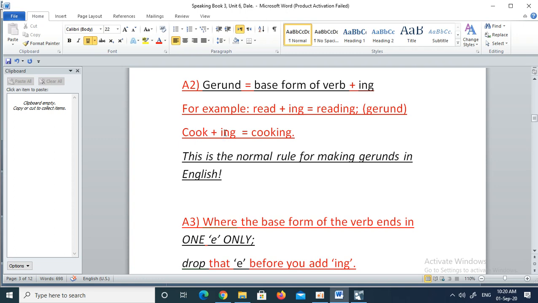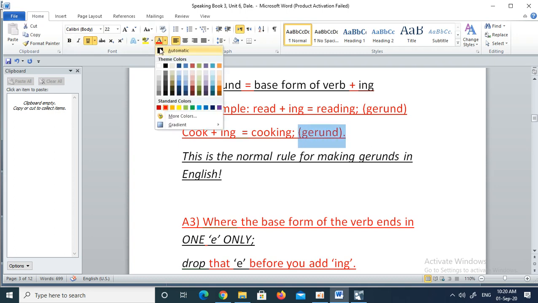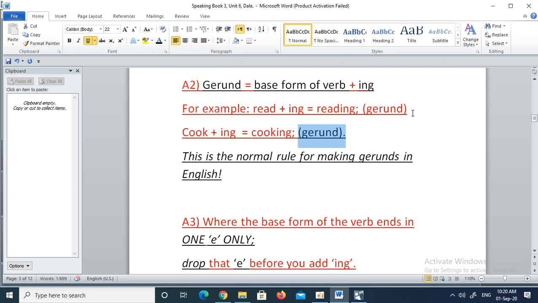I add the suffix ing and I get the gerund cooking. Alright, so it's a very simple rule. If you need to make the gerund, all you do is you take the base form of the verb and you add ing.